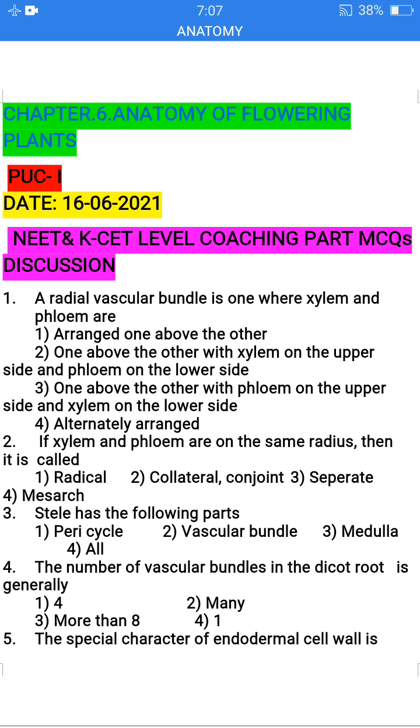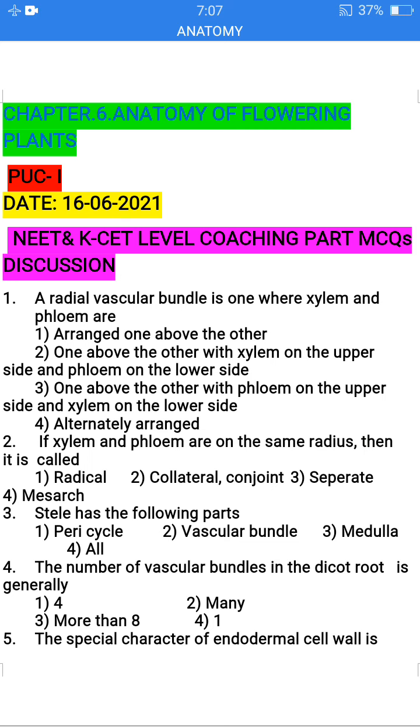First question: a radial vascular bundle is one where xylem and phloem are present. First option, arranged one above another. Second option, one above the other with xylem on the upper side and phloem on the lower side.